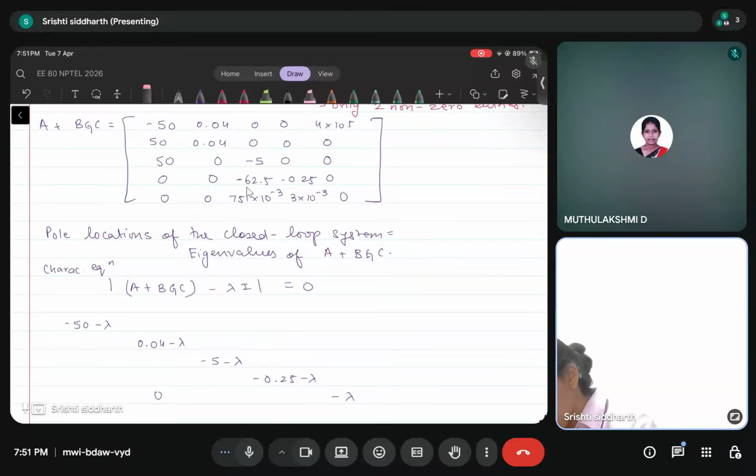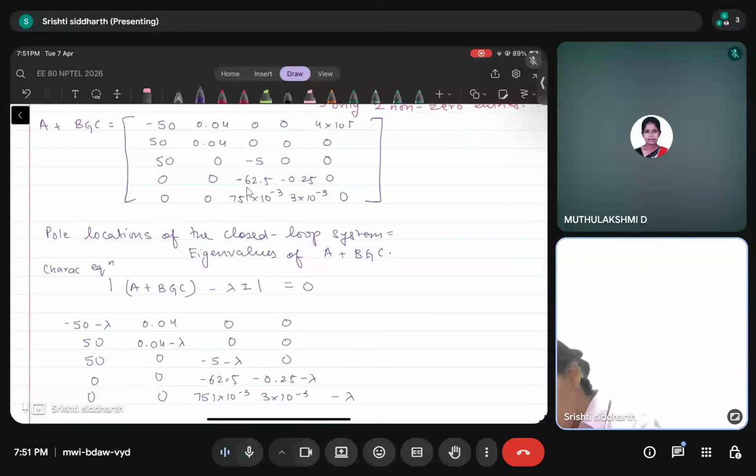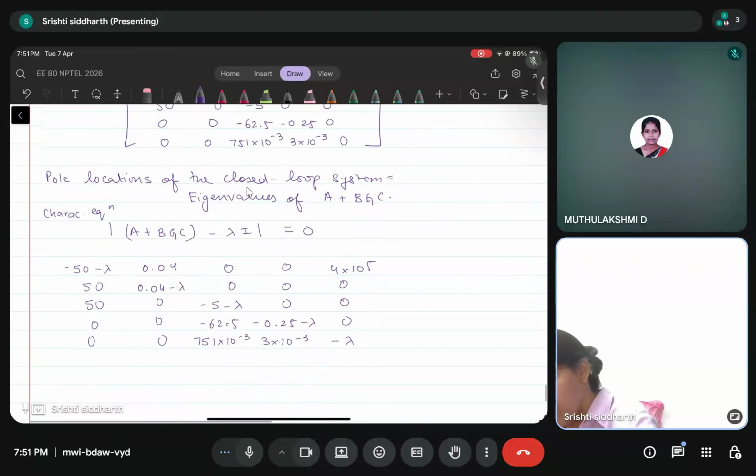This is 50, 50 and 0, 0. This is 0, 0, 0. 4 into 10 to the power 5, 0, 0, and 0.